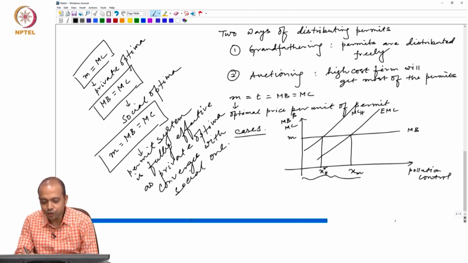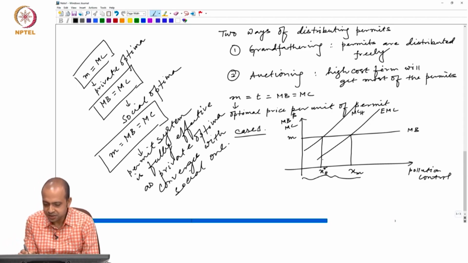The firm can abate only XH star amount of pollution. So, for the rest of the pollution the firm requires permits.